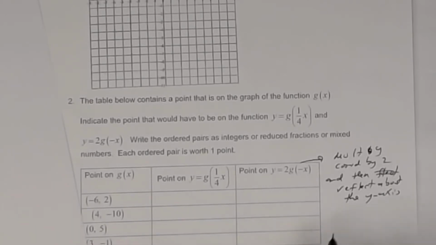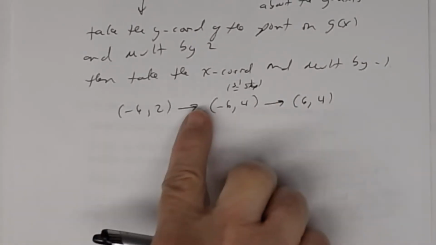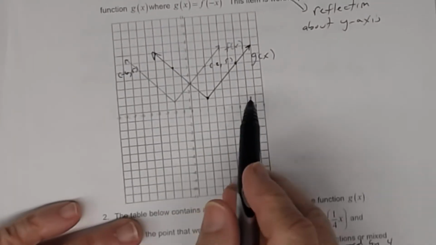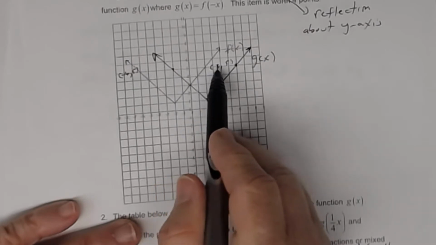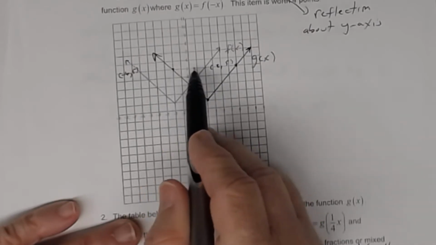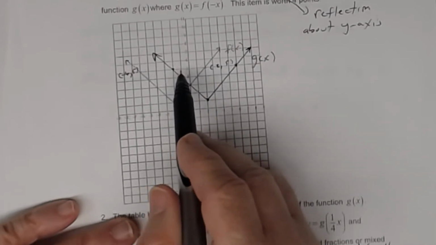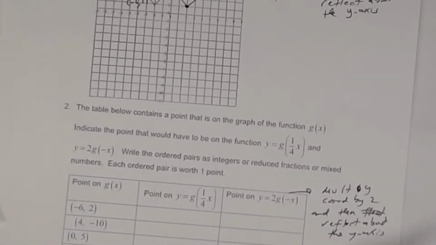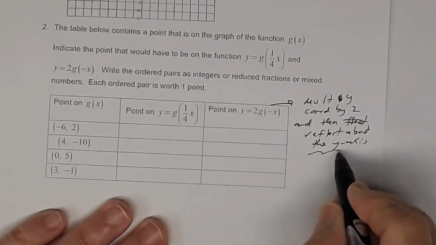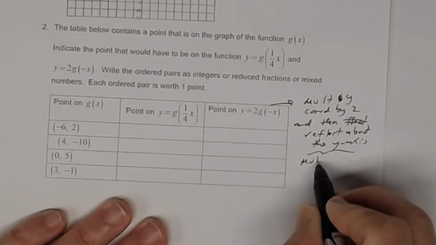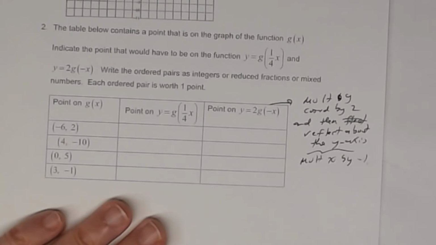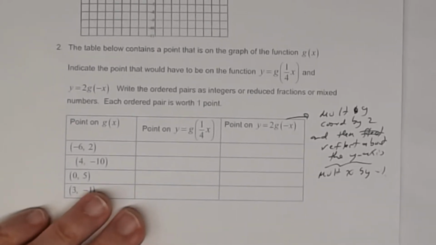Let me remind you: when you reflect about the y-axis, the y-coordinates stay the same and the x-coordinates are opposites. So basically this means multiply x by -1. You take the opposite of x. All right, so that's what you saw here.